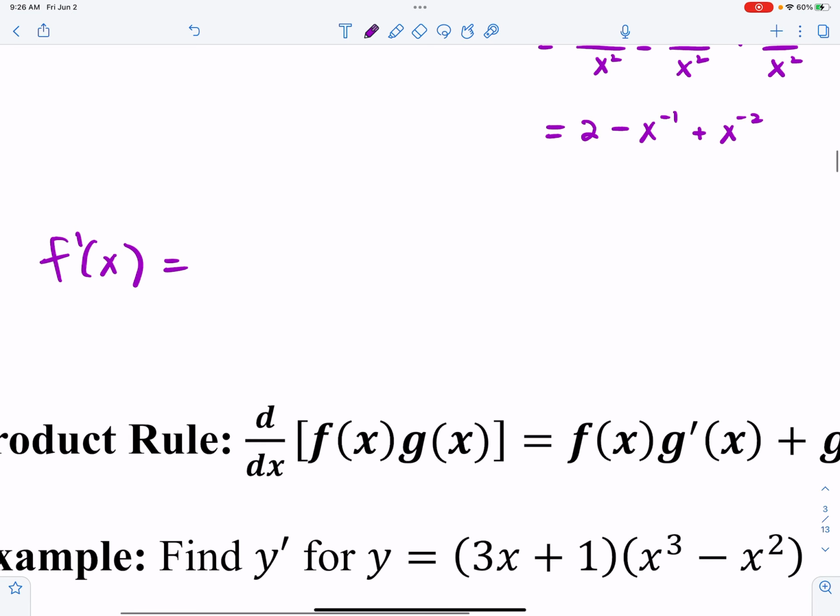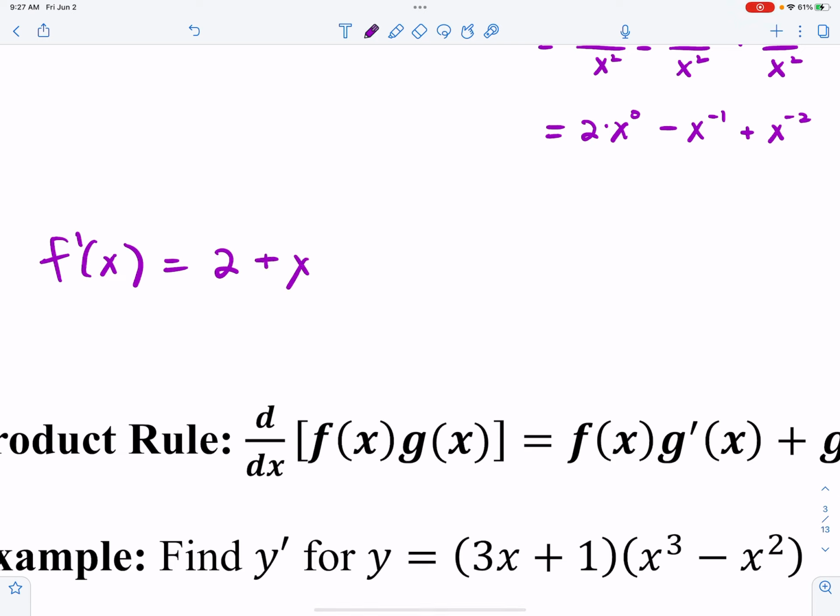Now the derivative of a constant will be 0. And if you think about 2 as being written 2 times x to the 0th power, well then 2 times 0 would be 0. Right? So then that's just 0. So f prime will be 2, and then multiply the negative 1 by negative 1.